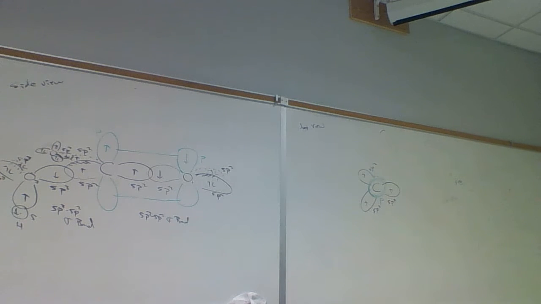It's kind of tricky to see, so it's always good to draw it the same way each time. But essentially, what I'm doing is putting these 2 lone pairs in the plane. That means 1 is sticking out, 1's going in. But it's not great, the drawing here.